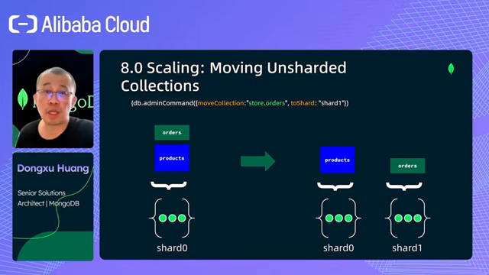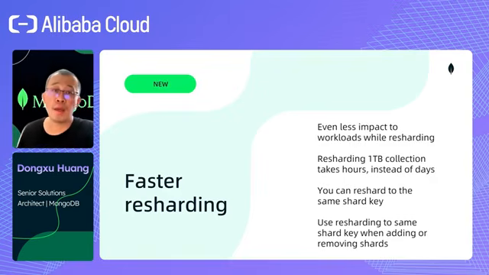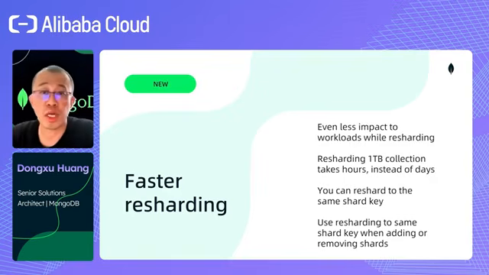And this new move collection is a major step toward making our system more user-friendly and efficient, enhancing the scalability without adding complexity. So we also have made resharding faster and more reliable.